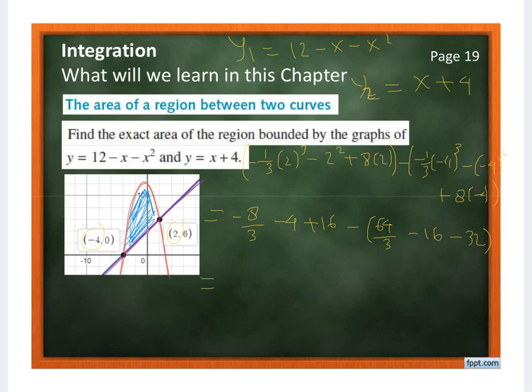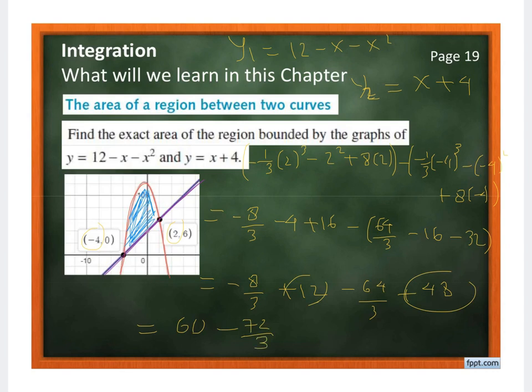So equal negative 8/3 plus 12, minus 64/3, negative and negative becomes plus, 16 plus 32 is 48. So 12 plus 48 is 60, minus 72/3.